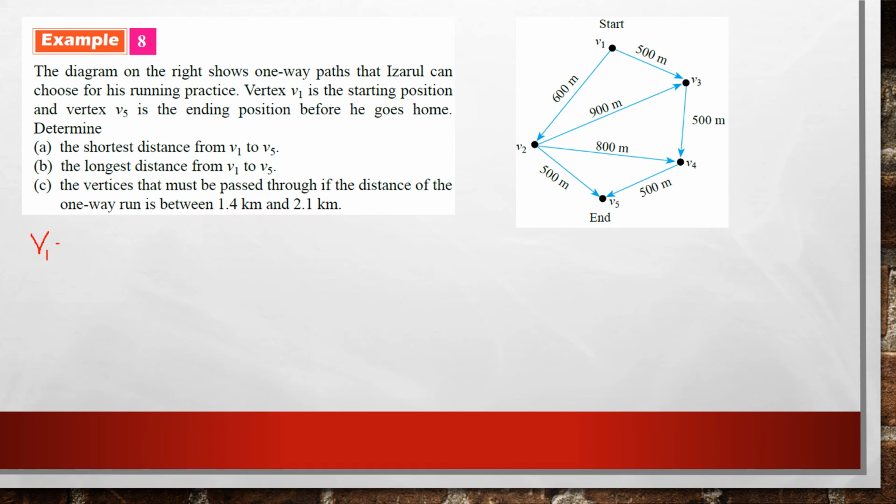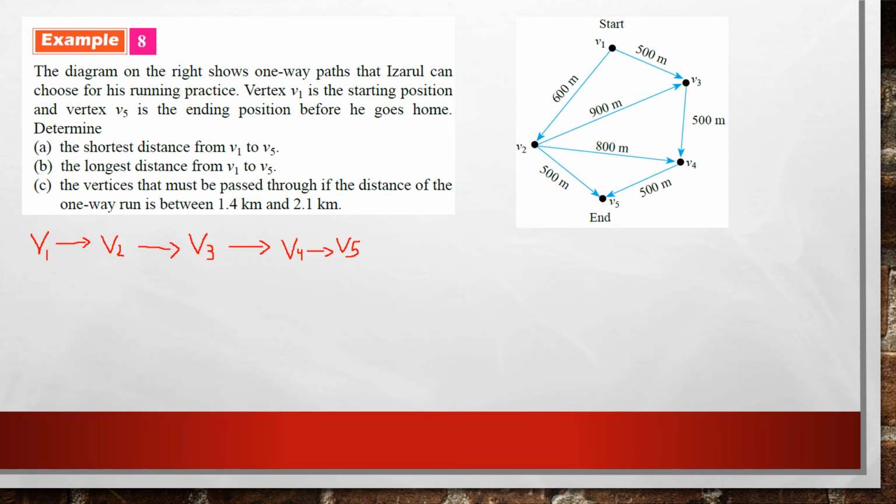So from V1, you can go to V2. Then after V2, you can go to V3. Then you can go to V4. Then we can go to V5.